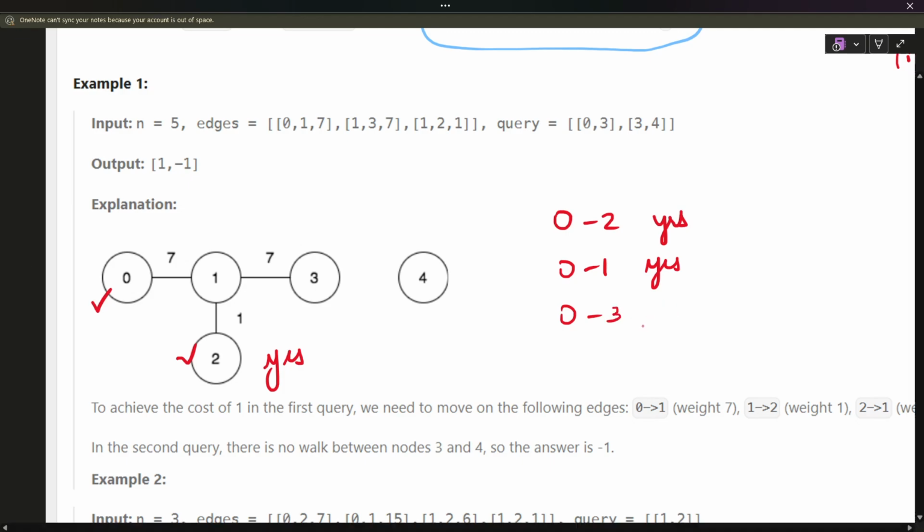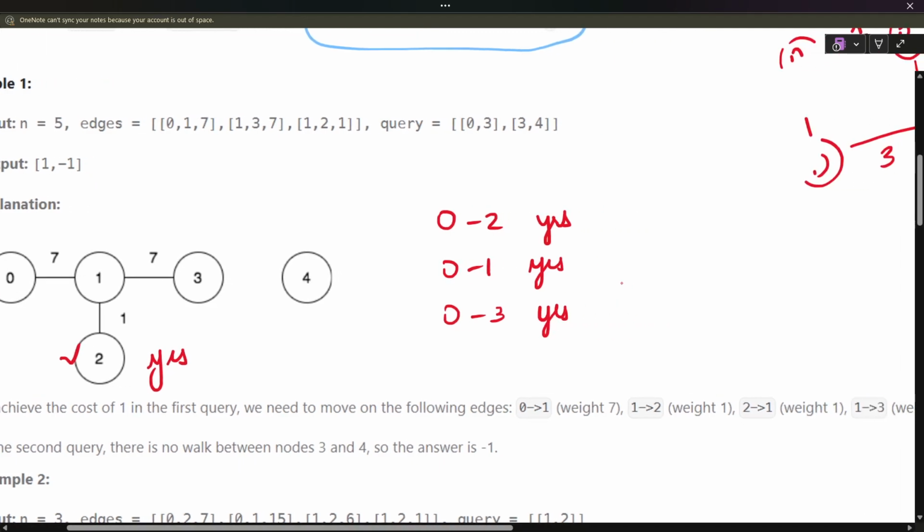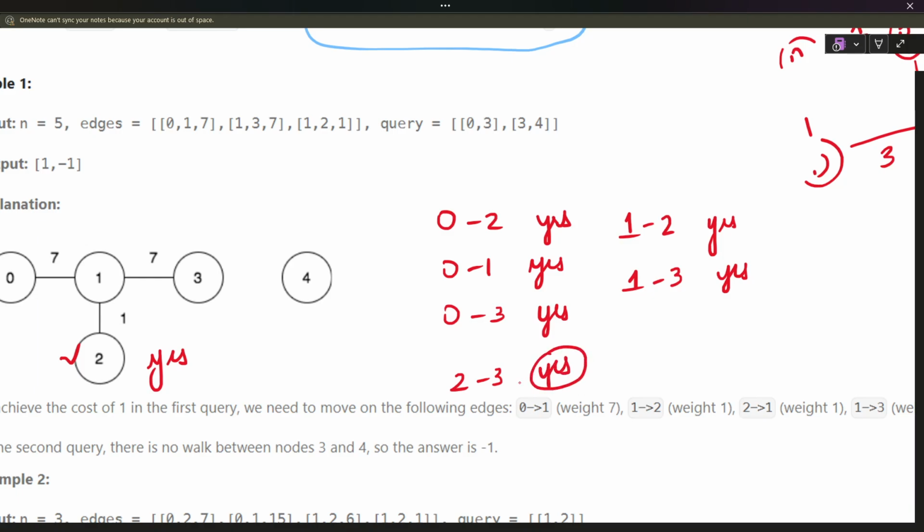The answer is yes. Okay. Can we go 1 to 2? The answer is yes. But can we go 1 to 3? Yes. We can go. Can we go 2 to 3? Yes. We can go.